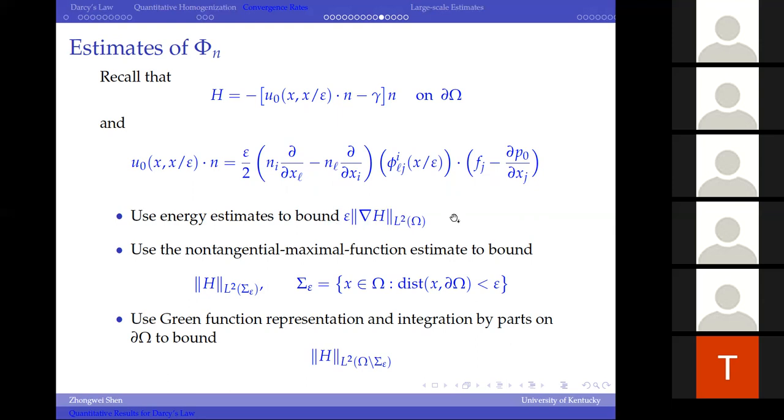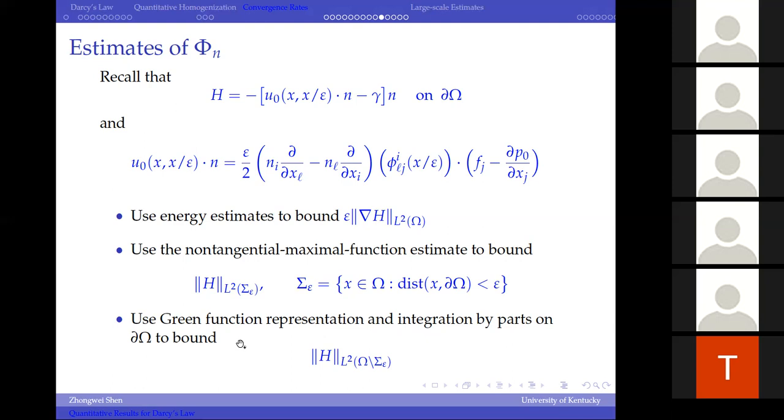The problem is for the L2 norm of h. So you're going to divide omega into two parts. Near the boundary, because this is a layer of size epsilon, we can use the so-called non-tangential maximum function estimate to push the integral onto the boundary. And because the thickness is epsilon, that automatically generates epsilon to the 1/2.